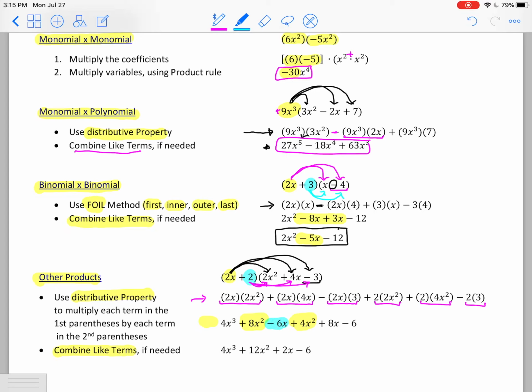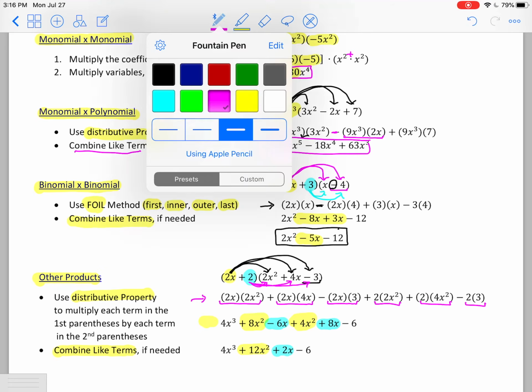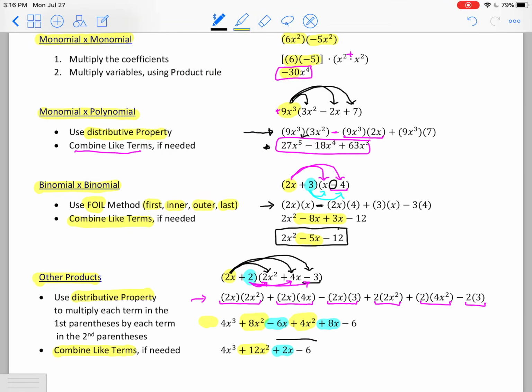We also have x's, so we have a -6x plus an 8x, which of course is going to give us that 2x. So you can see we did some combining of like terms. The 4x cubed and the -6 at the end don't have any other like terms with that. So looking back at our final answer, we can see we have finally combined all terms together.